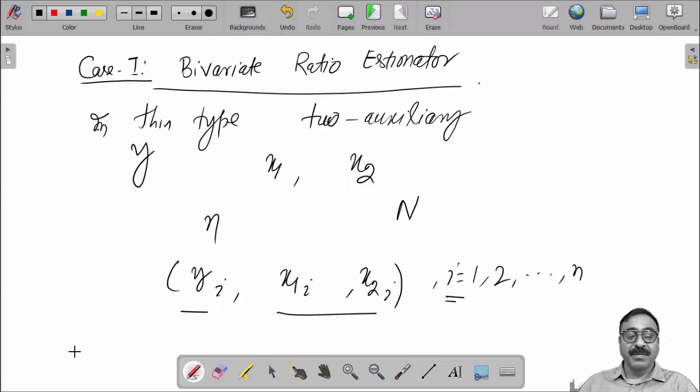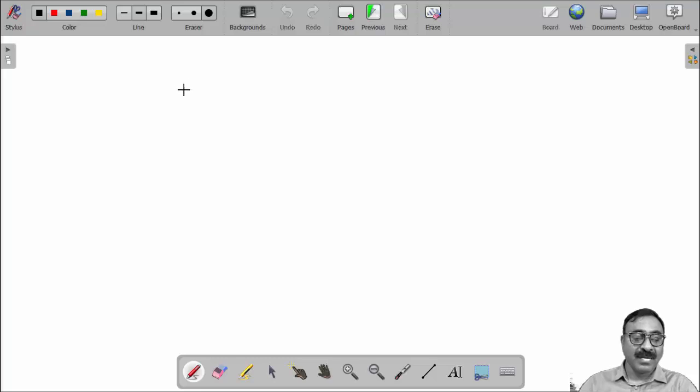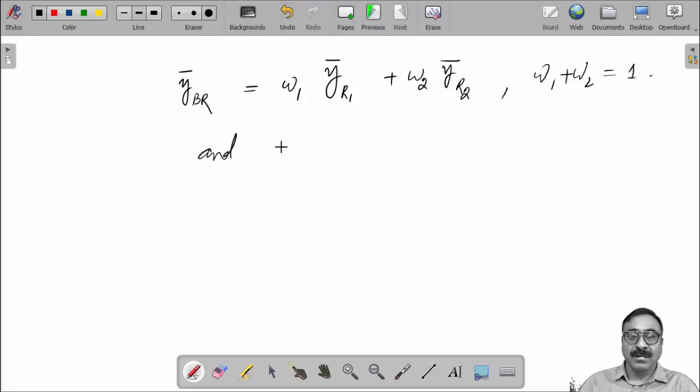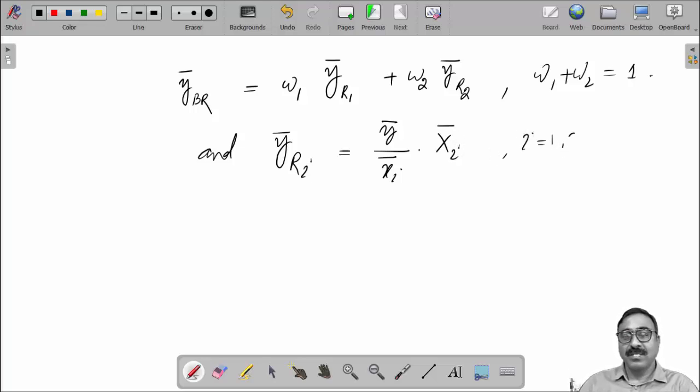Now Olkin proposed the estimator y_BR bar equal to w1 y_R1 bar plus w2 y_R2 bar, such that w1 plus w2 equal to 1 and y_Ri bar equal to y bar by x_i bar into X_i bar, i equal to 1 to 2.